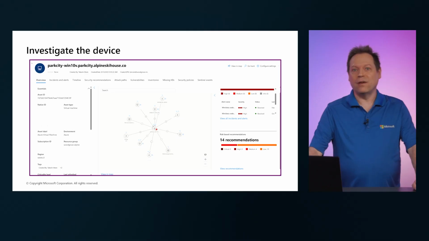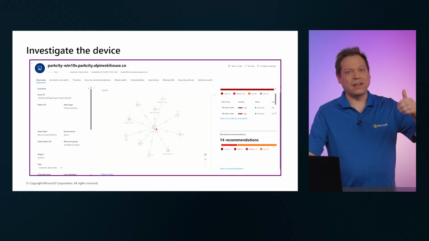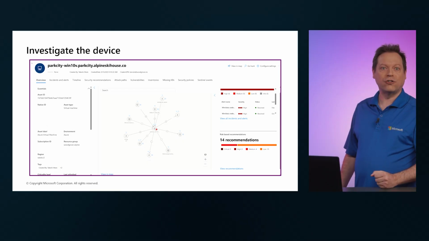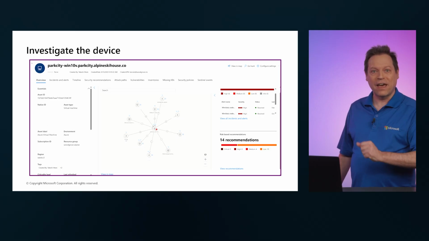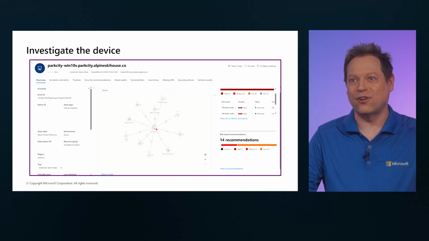You'll also see summary cards that help you quickly orient yourself, like active alerts, logged on user, and a security assessment. So you can decide whether you're dealing with a true incident and what your next step should be.